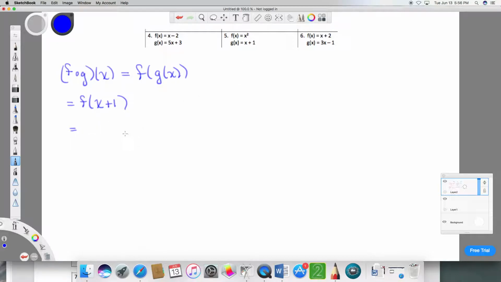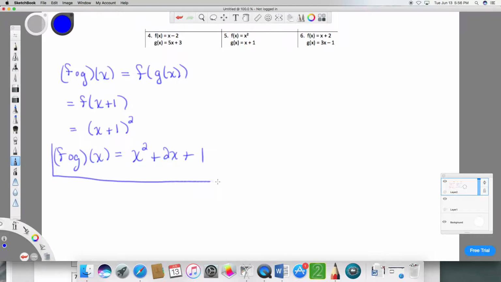It always takes the input no matter what it is, and it squares it. So F composed with G of X is equal to x squared plus 2x plus 1. Remember, exponents do not distribute. This is not x squared plus 1 squared.